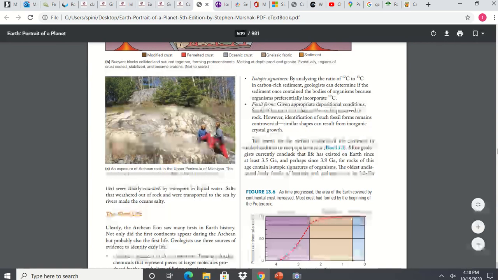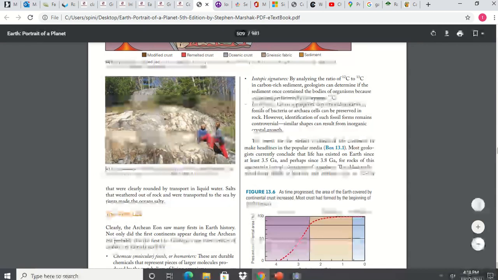But anyway, so this particular eon also is going to see the beginnings of the first life. And as you can imagine, as life begins to evolve on the planet, it's certainly not anything that we would recognize. Life is going to evolve at the cellular level, so the very first organisms are going to be single cell organisms.